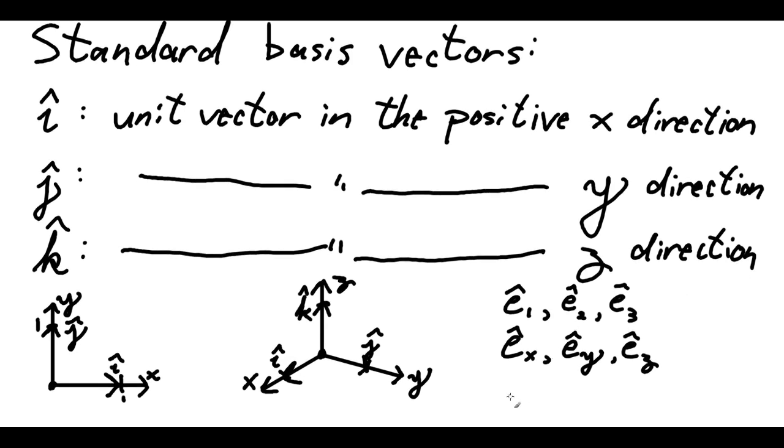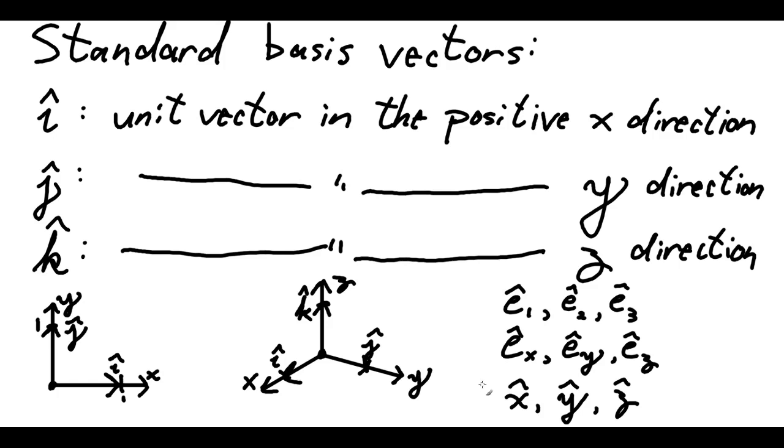Or some sources even use x hat, y hat, and z hat. So these would be written as vectors, but with the hat notation. Now here's a case where the hat notation would be necessary to indicate unit vectors, because otherwise, we often use x as a vector in general. That doesn't have anything to do with the x-axis. It's just a variable.